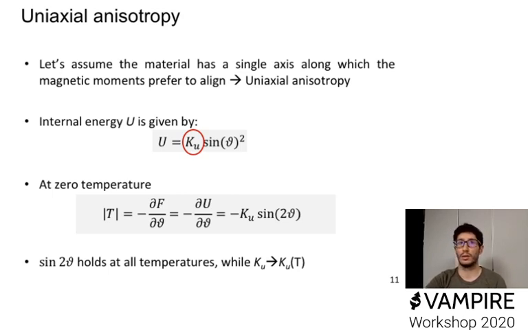And strictly speaking, at 0 Kelvin, the torque can be calculated as the derivative of the free energy with respect to theta, and the free energy, we remember, as just said, is U minus TS. Now T is 0, so we obtain the sine of 2 theta relationship.